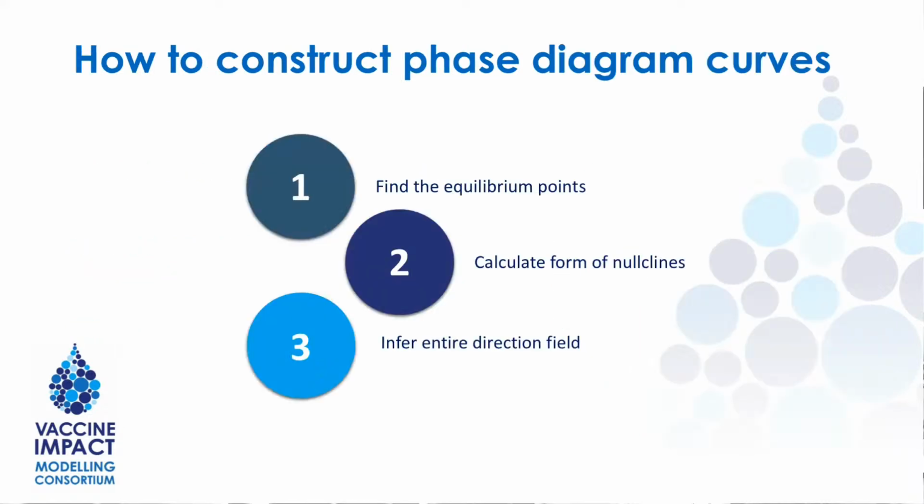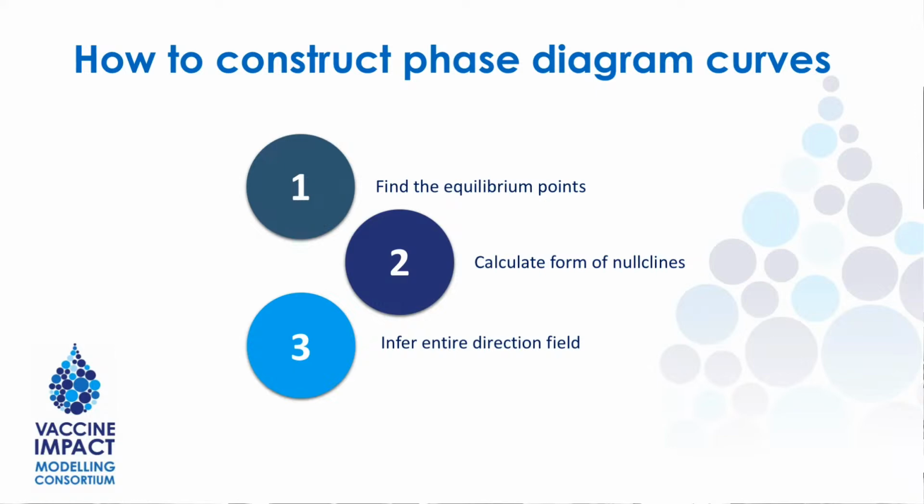Cool. So we've started our phase diagrams. We've thought about equilibrium points and null clines. Whilst drawing these on a graph is not possible for a system of 500 differential equations, thinking about the equilibrium points is useful. And then the last step, it just says entire direction field.